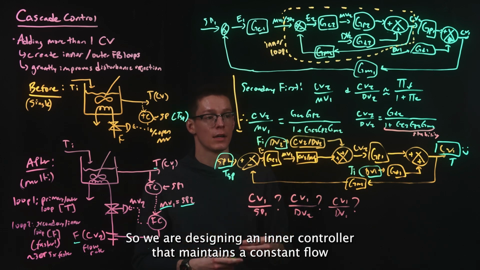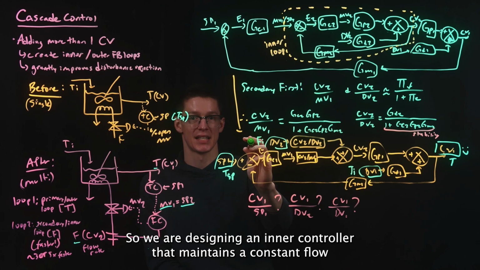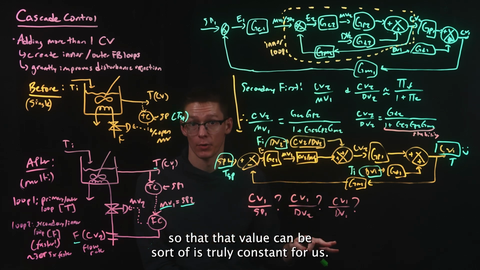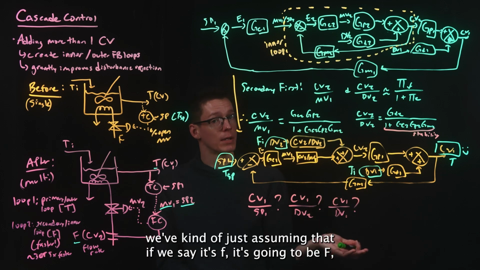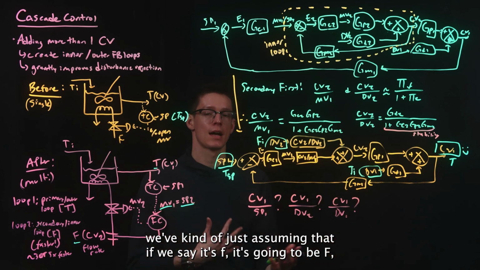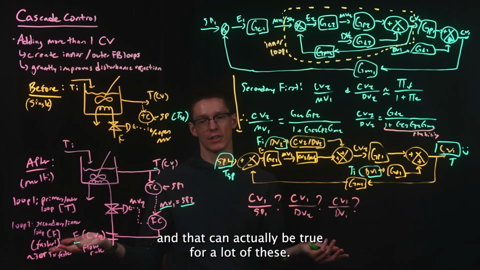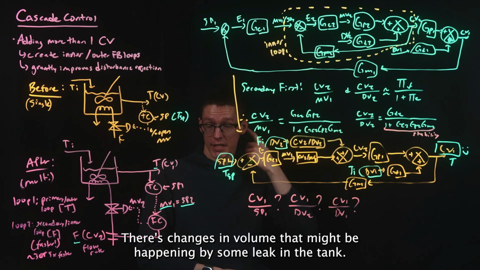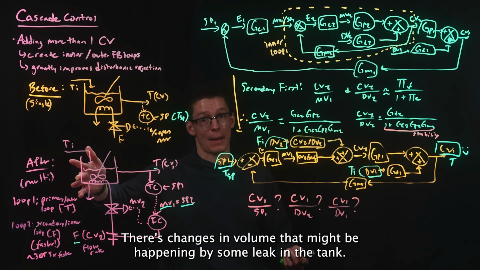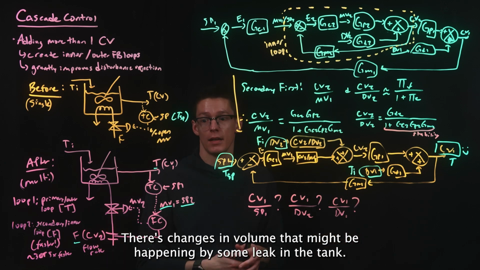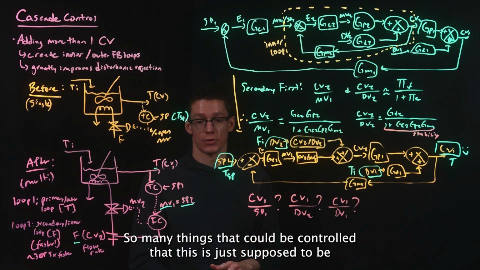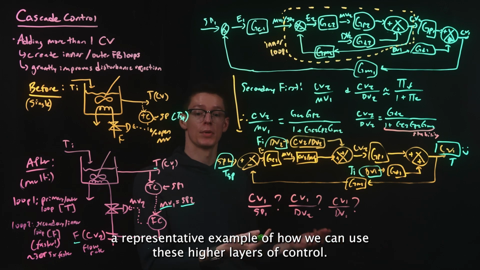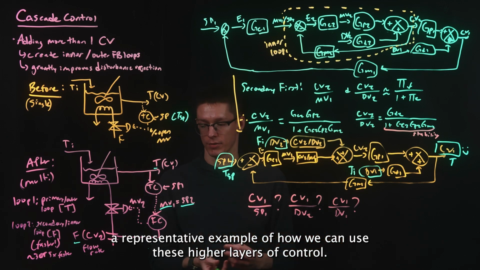So we are designing an inner controller that maintains a constant flow so that that value can be thought of as truly constant for us. But to this point, we've just been assuming that if we say it's F, it's going to be F. That can actually be true for a lot of these. There's flow rates here, there's changes in volume that might be happening by some leak in the tank. There's so many things that could be controlled that this is just supposed to be a representative example of how we can use these higher layers of control.